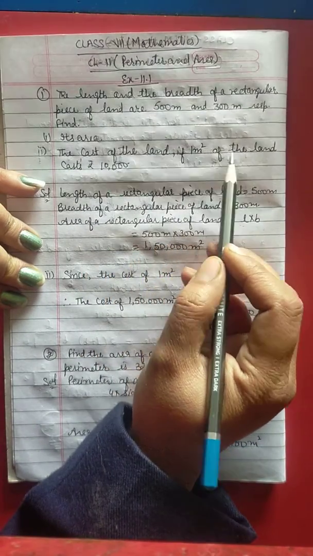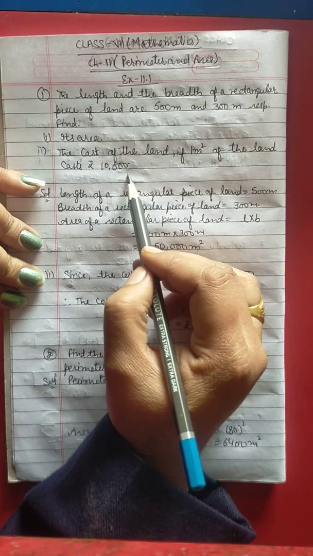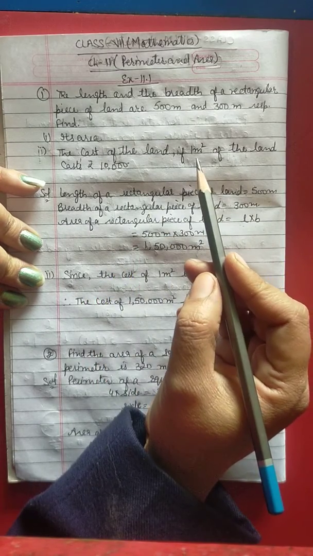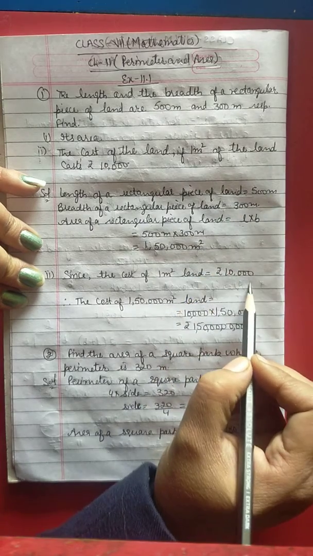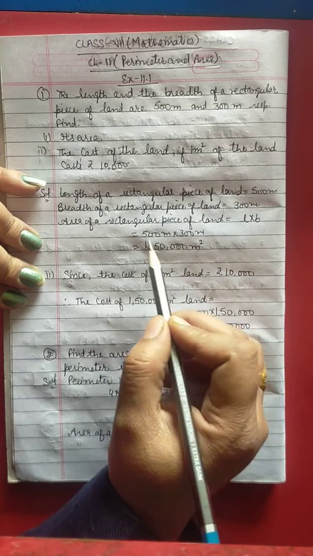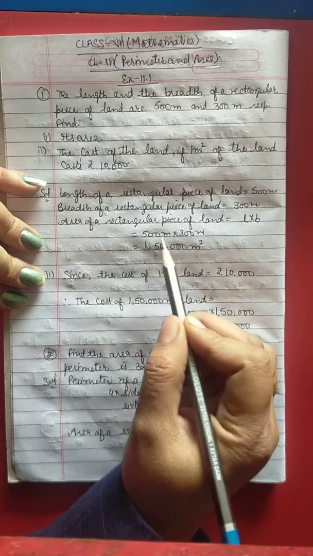Now in the second part they are asking to find out the cost of the land if 1 meter square of the land costs rupees 10,000. We have to find out the cost of this much area of land.